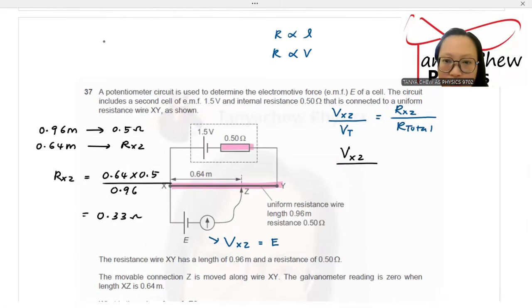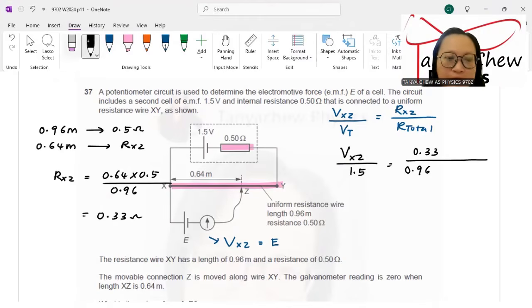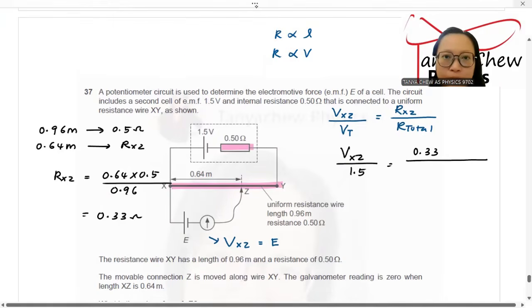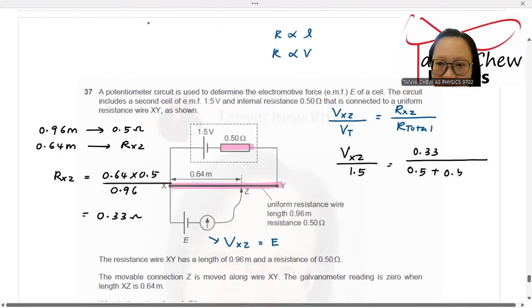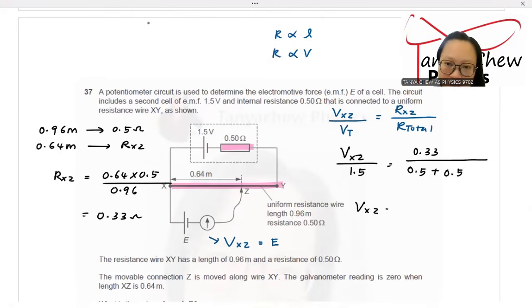Voltage XZ, or E, is equal to 1.5 over... the resistance of XZ is 0.33 over the total resistance. You have to be extra careful. This is the total resistance of the wire, 0.96. Oh no, 0.5. You have to be careful. Add with the internal resistance, 0.5. Right, now VXZ is 0.33 multiplied by 1.5 divided by 1.